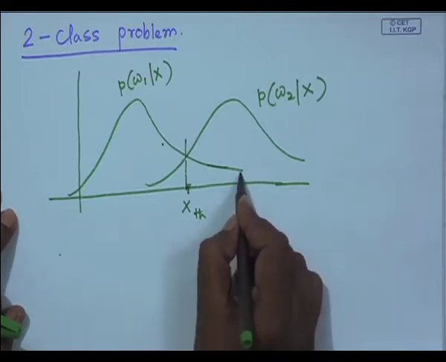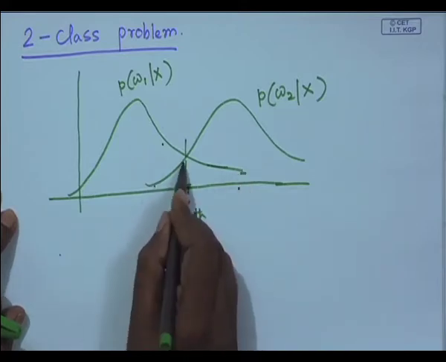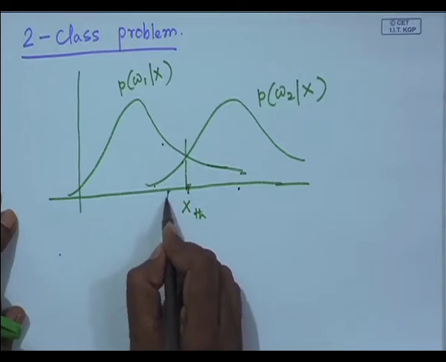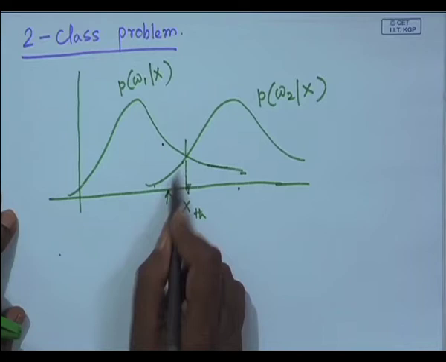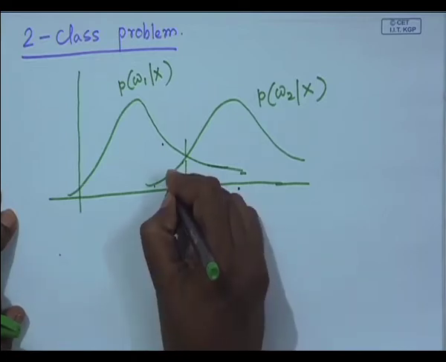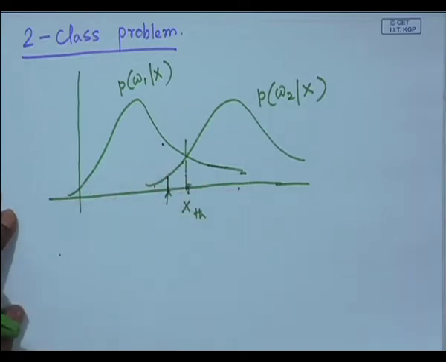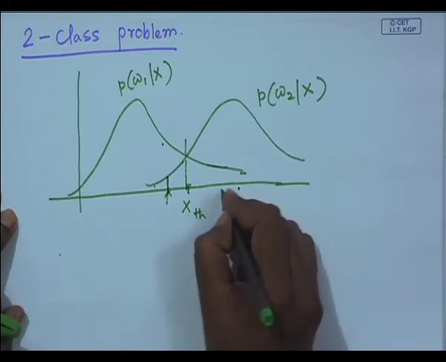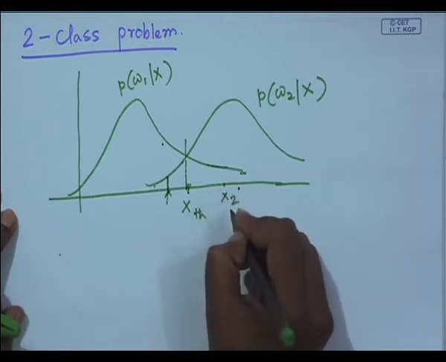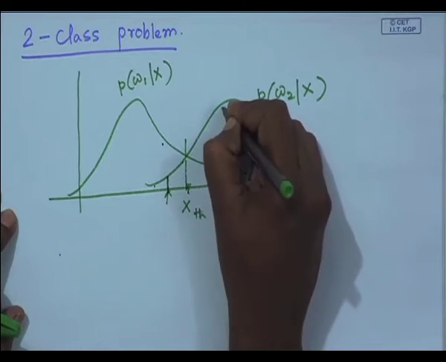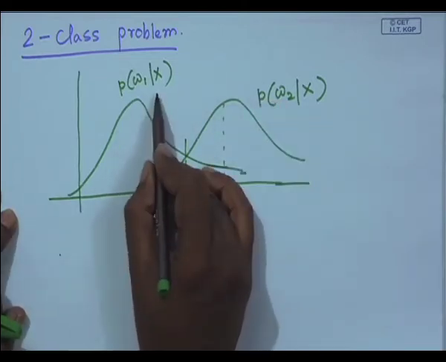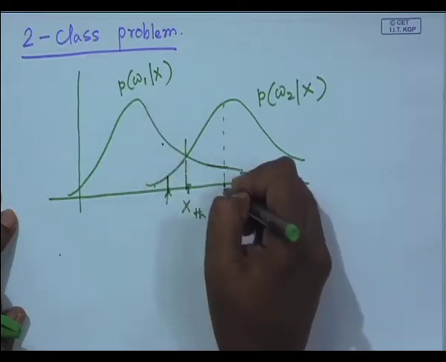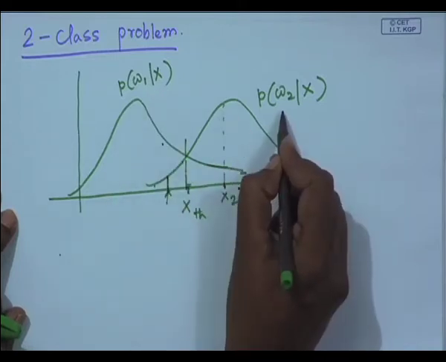And while doing this, because there is a finite probability that x over here may belong to class omega 2, I have an error which is given by this amount. Similarly, when I decide that feature vector x 2 falls on this side, because P of omega 2 given x 2 is more than P of omega 1 given x 2, I decide that this feature vector belongs to class omega 2.